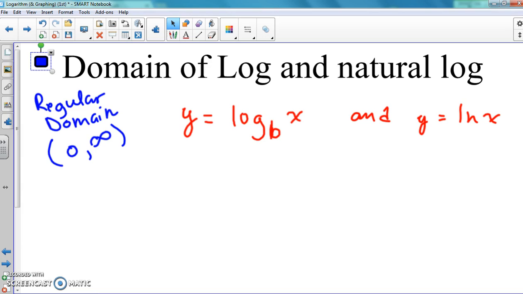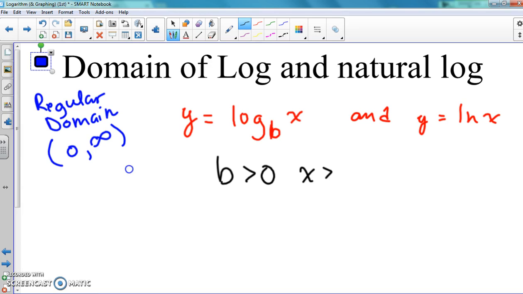That's the original regular domain. But what we're going to talk about here is where the domain changes because of the transformations that are going on. Hopefully you remember way back at the beginning of this log section, we said that when it came to our b and our x, b has to be greater than 0 and cannot equal 1, and x has to be greater than 0.